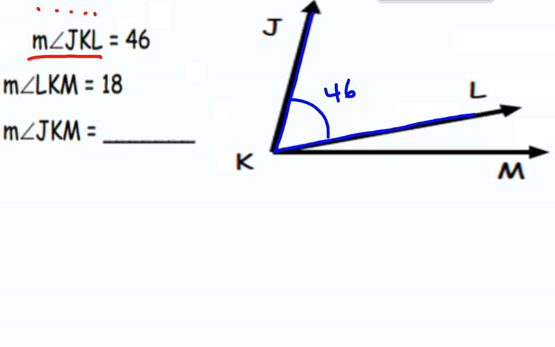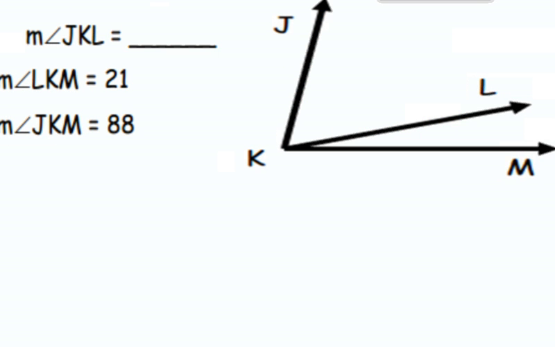And the measure of angle LKM equals 18. So I've got LKM, by the way, these are adjacent angles, is equal to 18. So then, of course, the measure of my whole angle would have to be 46 plus 18, which is 64. Okay, seems easy enough, right?